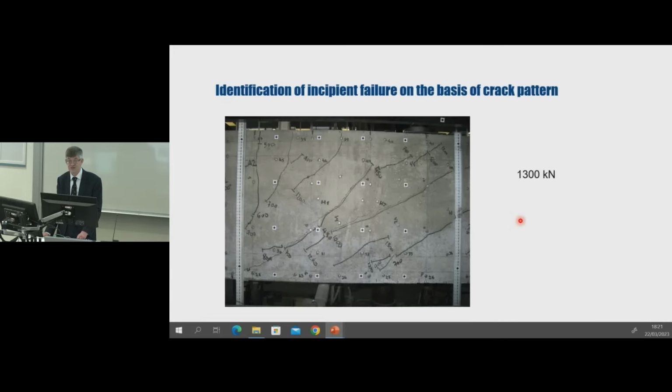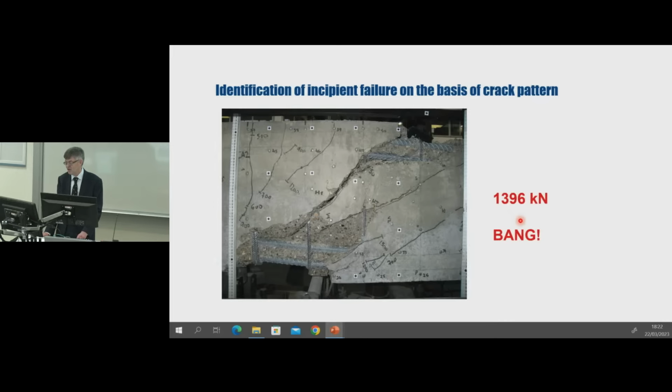So I have a couple of slides to illustrate this. So here we have a beam that's been loaded to failure in shear. At this point, the load was 1,300 kilonewtons. Looking at the beam, it's clearly cracked, but it's not at all obvious that it is about to fail.